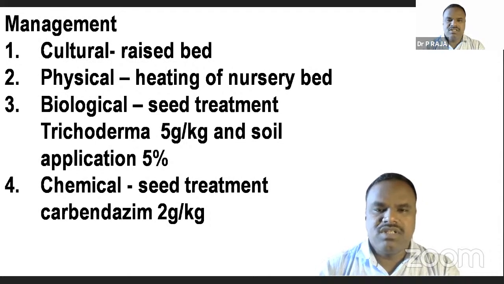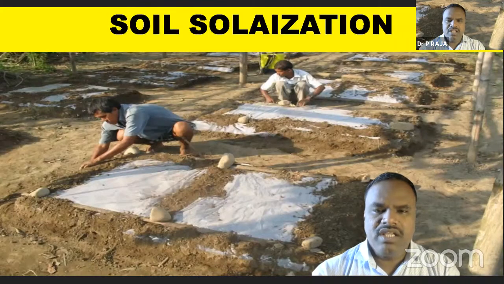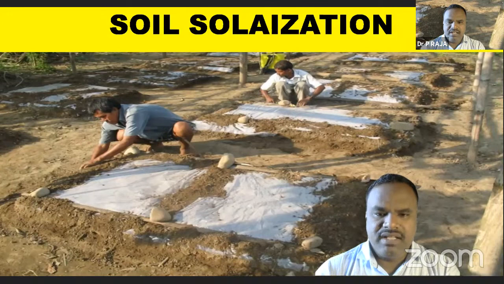The next one is a physical method, heating the nursery. In heating the nursery bed, there are two ways we can do it. The first one is soil solarization. It's a natural method. You can just spread polythene over the nursery bed and keep stones on the edges, and thereby the solar heat is trapped in the soil and the soil temperature will go up by even 5 degrees.